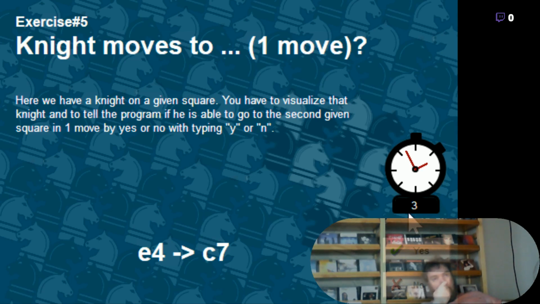e4 is a light square, c7 a dark square, but I don't know how to visualize it.